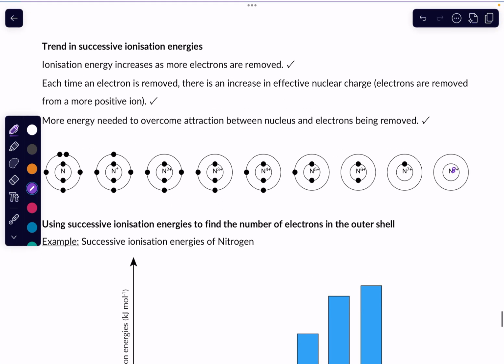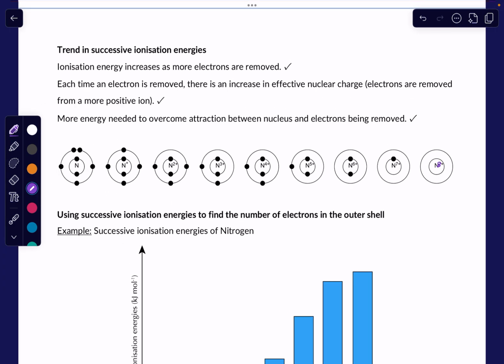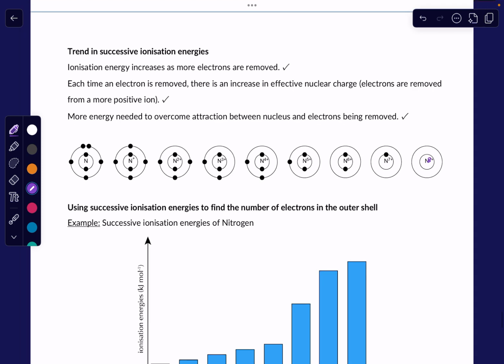So we've kicked out all of the electrons, and every time we do that, there is an increase in what we call the effective nuclear charge. When we add protons, we increase the nuclear charge, but when we remove electrons, we increase the effective nuclear charge. It becomes more positive, but that's only because we're removing more negatives, not because we're adding more positives.